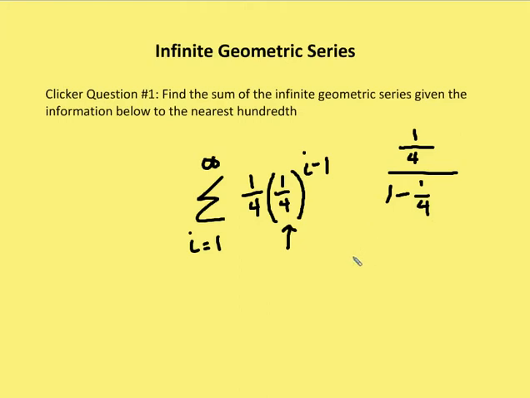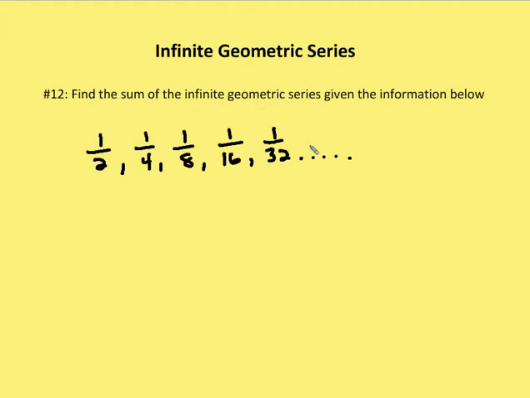So I get 1/4 over 3/4, or 1/4 times 4/3, which is the same as 1/3. And that's the sum of the infinite geometric series whose a sub 1 is 1/4, and whose constant ratio is also 1/4.